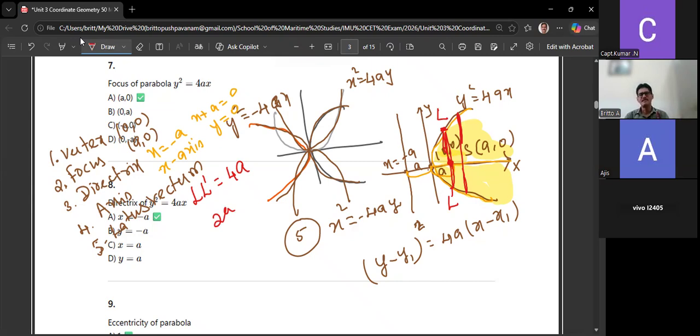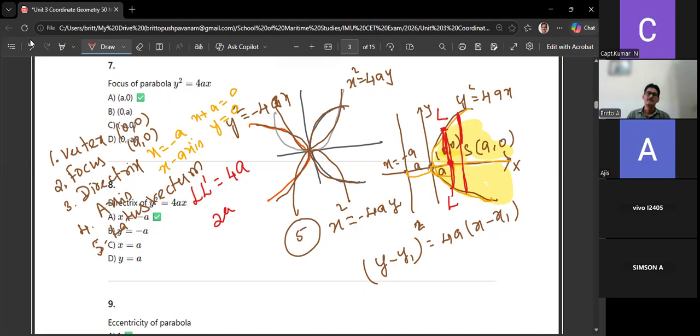I explained this for the parabola y squared equal to 4ax, one type of parabola. You can write all these points for the remaining three types of parabola. If the parabola is y squared equal to minus 4ax, then the vertex is the same, (0, 0).